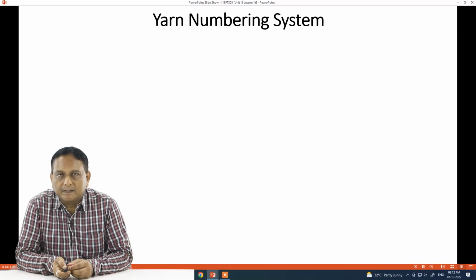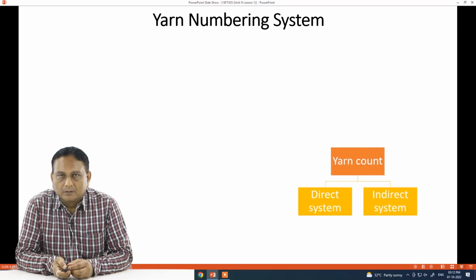Now there are various yarn numbering systems available. Let us see those. Yarn count is expressed by the direct system or the indirect system.